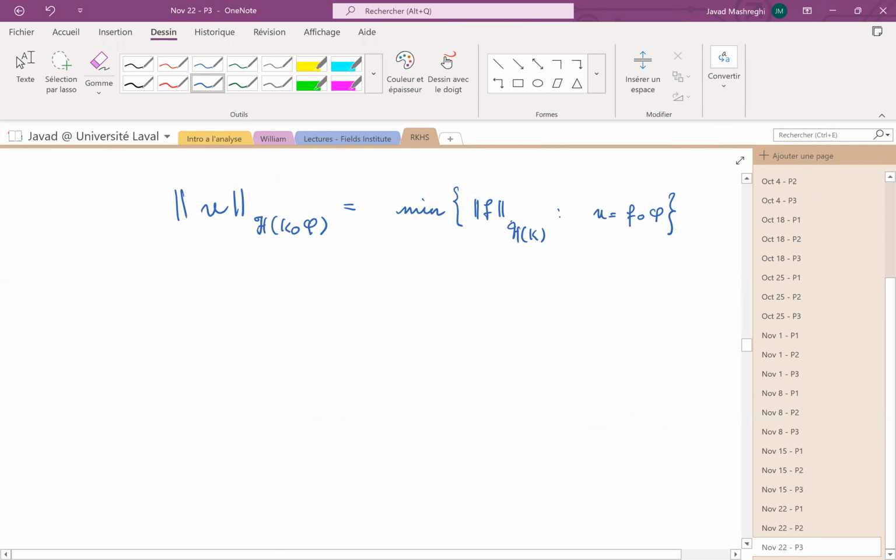We have all the ingredients for the proof. We have developed them before.